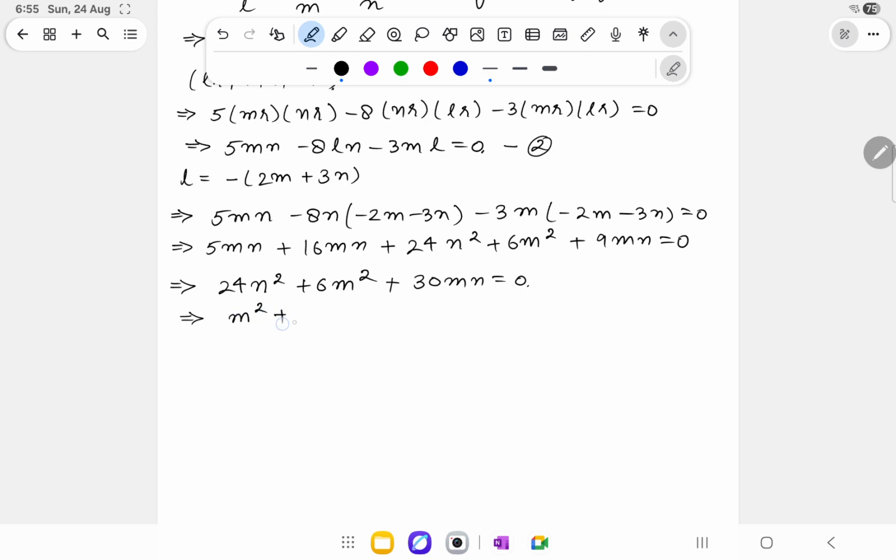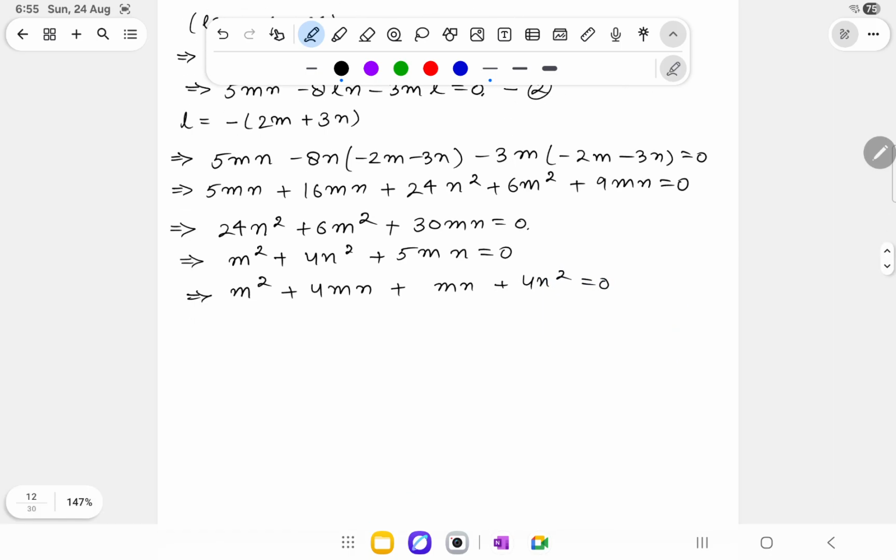I'll get m square plus 4n square plus 5mn equals 0, which I can write as m square plus 4mn plus mn plus 4n square equals 0.